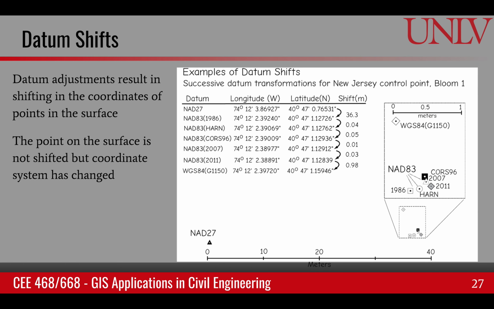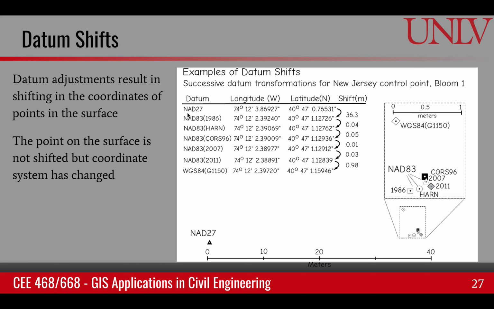And what ends up happening when we do these adjustments is that the actual coordinates of the points on the surface also change. So here is an example from your book where the datum shifts resulted in coordinate shifts. Here is a point, a Bloom 1 point in New Jersey.